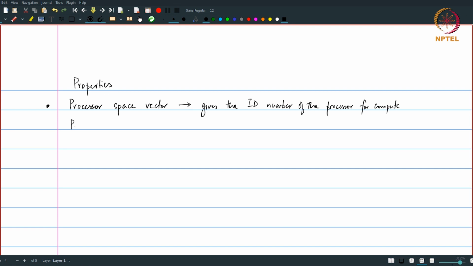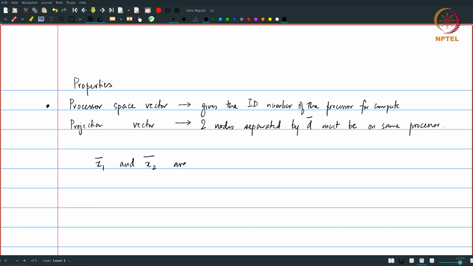And the projection vector, on the other hand, says that two nodes separated by D must be on the same processor. So let's take two points in the computation, x1 and x2, which are two points in the dependence graph. Where does x1 get mapped?